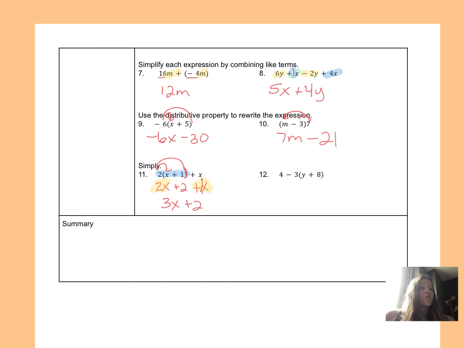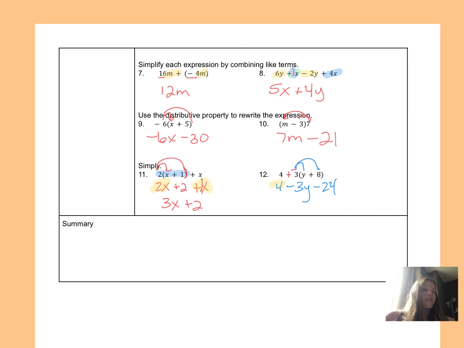And for the last one, before I start, I'm going to change this into adding the opposite, so we can see that that's a negative 3. I'm just going to drop down that 4 because that is not part of distributive property. Negative 3 times y is negative or minus 3y. Negative 3 times 8 is negative or minus 24. And then we can look at those like terms.